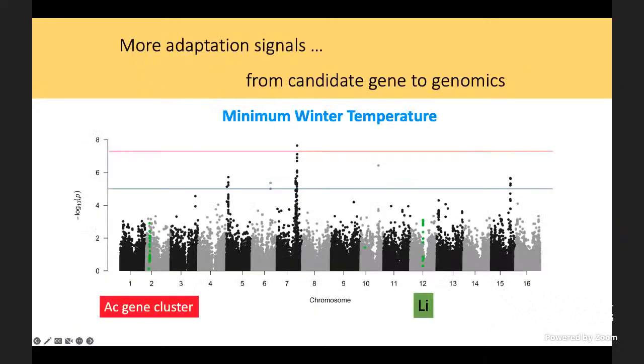So what's next? We want to see a more comprehensive result. First, we want to see if we can see the AC and LI copy number variation signal from the genomic scope. In this plot, we use minimum winter temperature to explain all genomic variations.